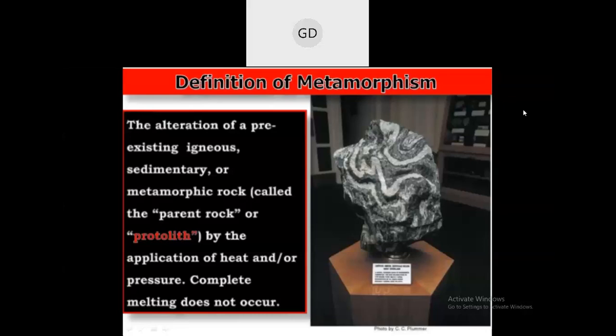At a point of time, the rock will come to a condition of equilibrium with the physical and the chemical environment surrounding it. If the rock is in the equilibrium condition, that means there will be no change in the physical or the chemical constitution of the rock.